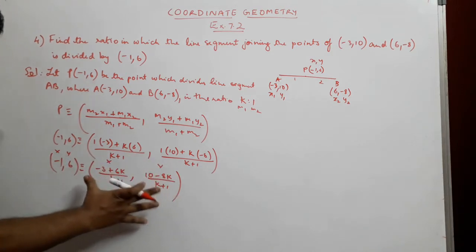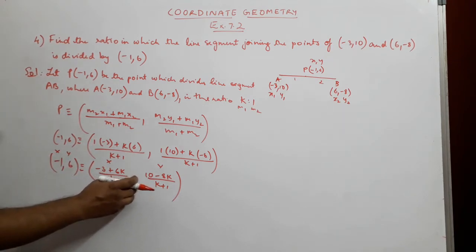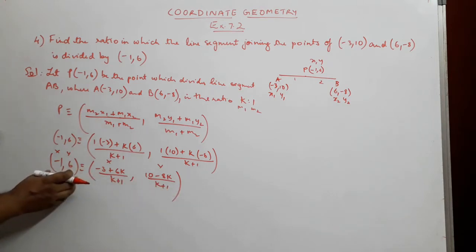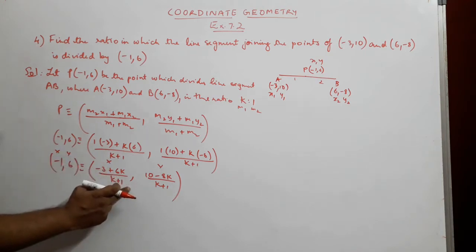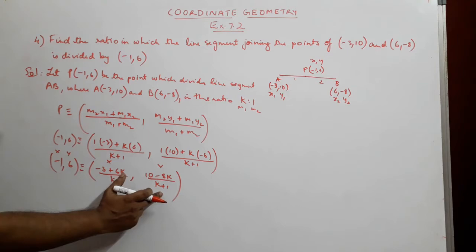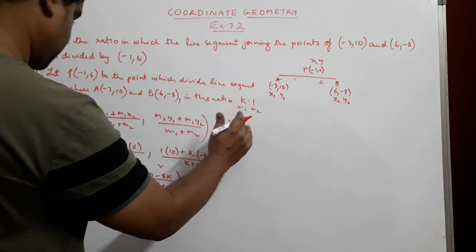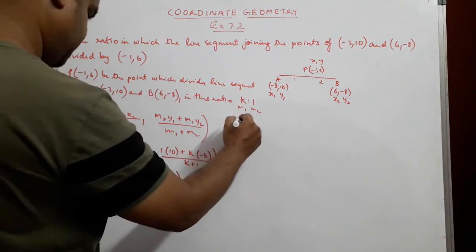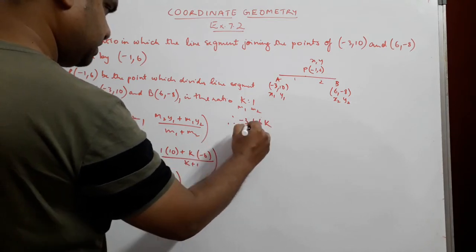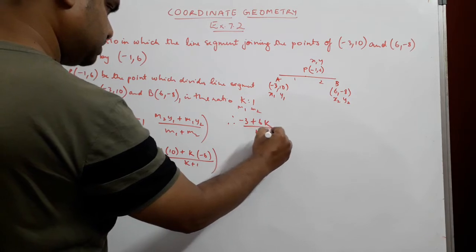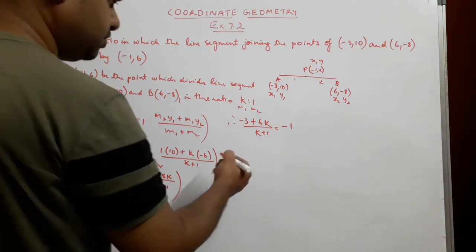This is actually P, and this is also P. Usually we use this to find out P, but in this case we already have P, so the x coordinate will correspond with this x and the y coordinate will correspond with this y. Therefore (-3 plus 6k) upon (k plus 1) is equal to -1. This is enough to find k.